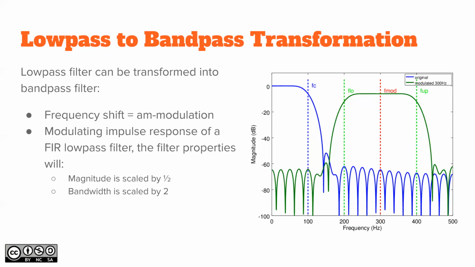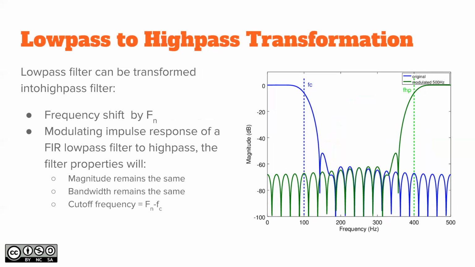Okay, just a reminder that now if we had a 3 dB point or cutoff frequency at, say, in this example, 100 hertz, then the bandwidth of this bandpass filter would be 2 times that. And also the magnitude is scaled by half, but you know how to make unity gain filters. Okay, that was how you make the bandpass filters.